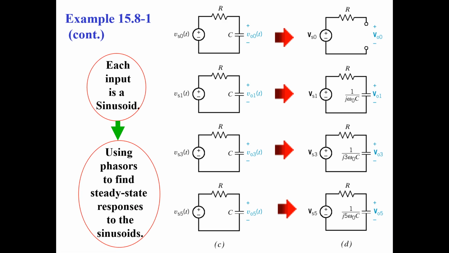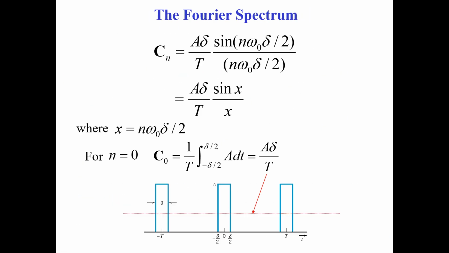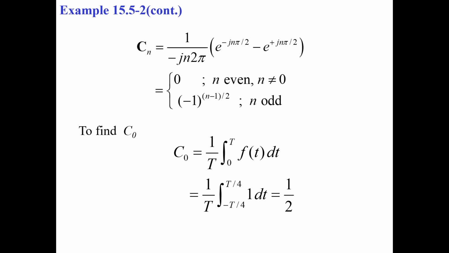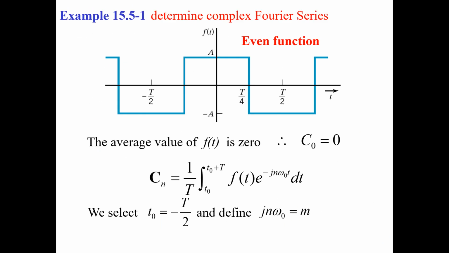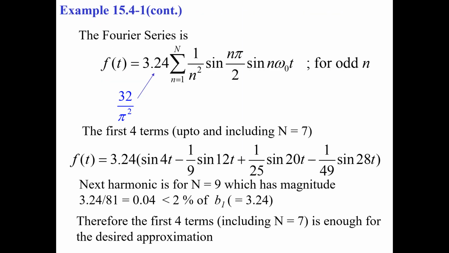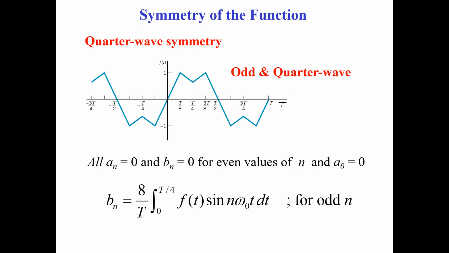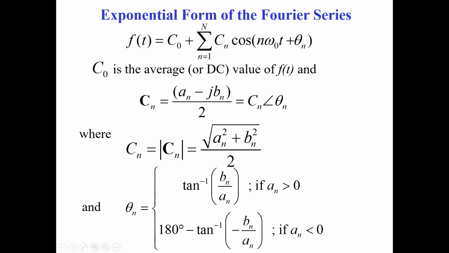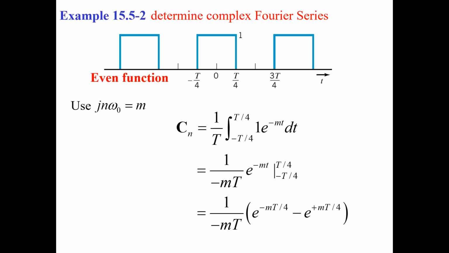If you go back and check the even function, you already calculated these. Or if you go for the trigonometric form, you already estimated it. You just simply write that down over here.